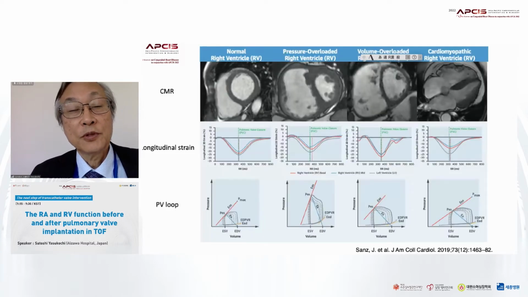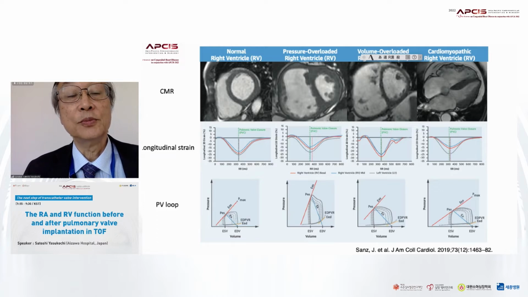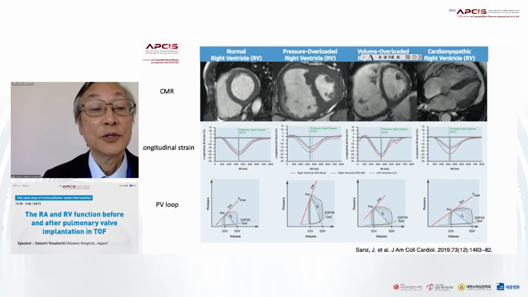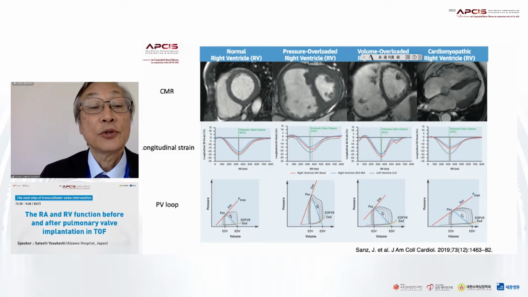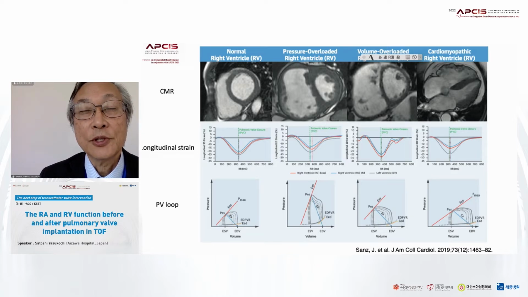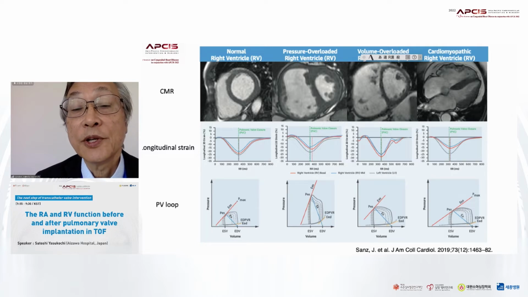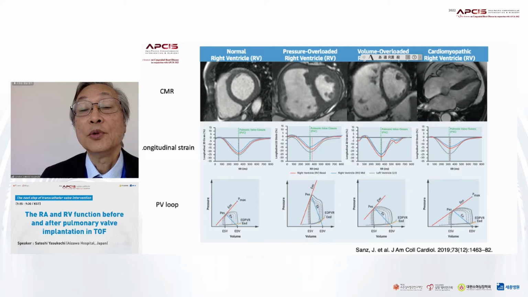From the physiological point of view, I think we can use CMR and longitudinal strain as well as the pressure volume loop. Pressure overload shows systolic septal flattening, reduced longitudinal strain, and desynchronous patterns with post-systolic shortening. Volume overload has more retained synchronous motion.